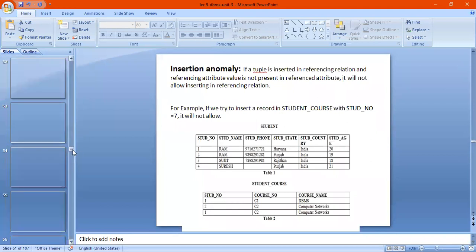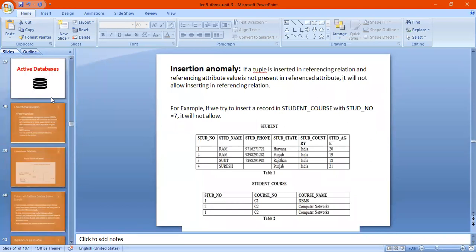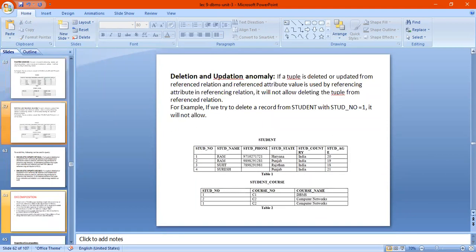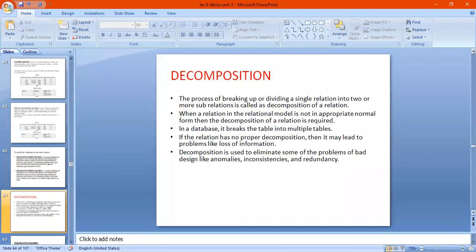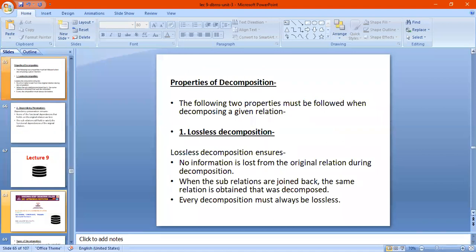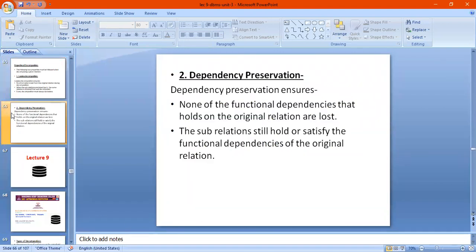We have gone through all this. So active databases, what is active, what is passive, what are the anomalies, what are the queries we can do in this, what is decomposition, and what are the properties of that.